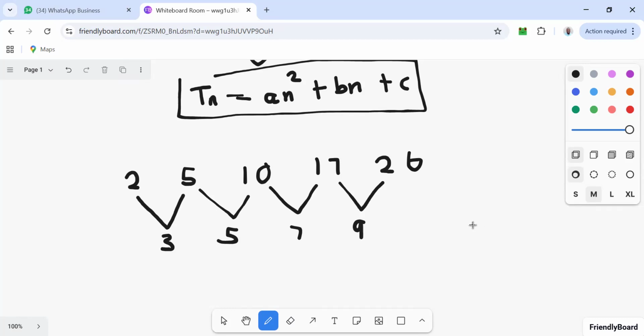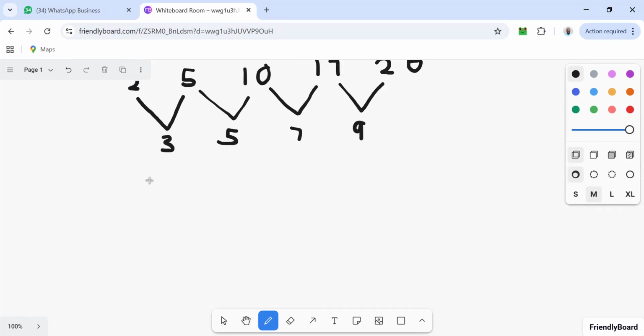Then the second difference row has 2 here, 2 there, and 2 over there. Okay, so what do I need to do first?